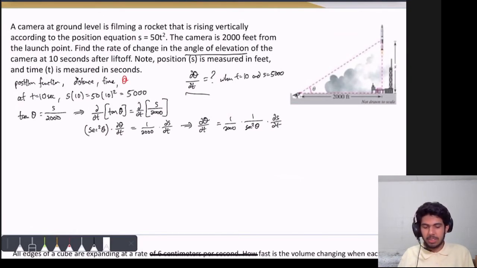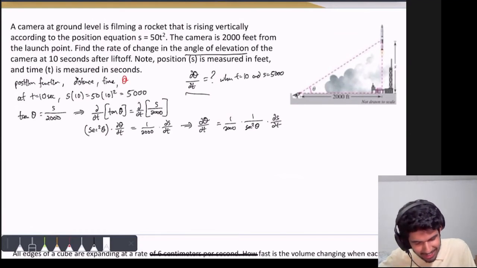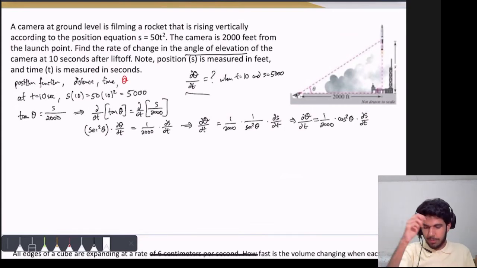Well, 1 over secant squared theta is 1 over 1 over cosine squared theta, because secant squared is 1 over cosine squared, so that is just cosine squared. So d theta dt equals 1 over 2,000 times cosine squared theta times ds dt. Cool.